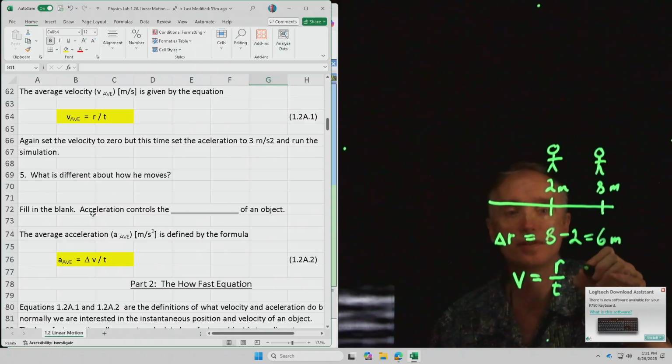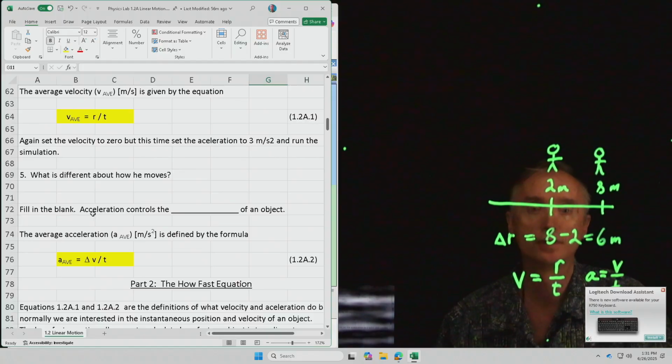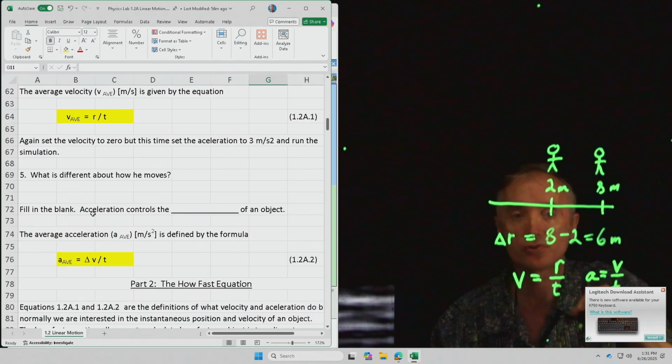We're going to use the letter A for acceleration. Now you might be tempted to say that it's velocity divided by time, the way that we did position divided by time, or distance divided by time. But you notice that there's a triangle in front of this.